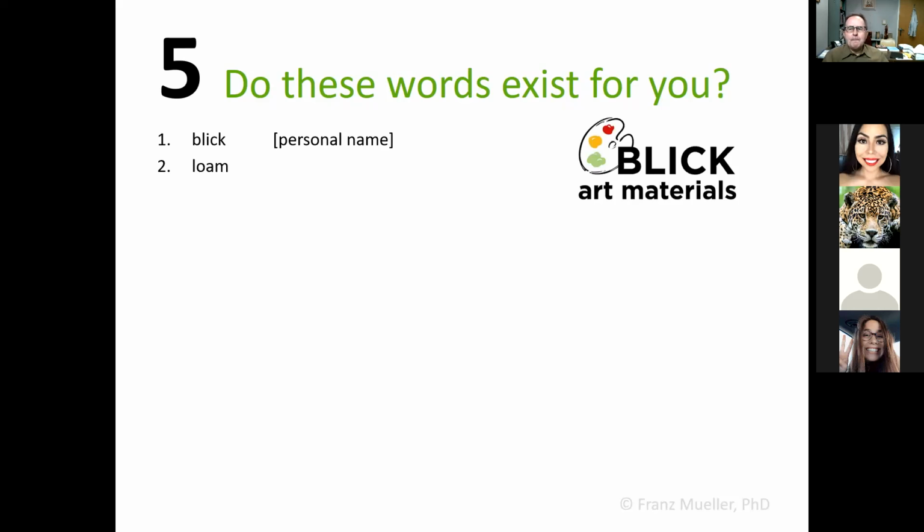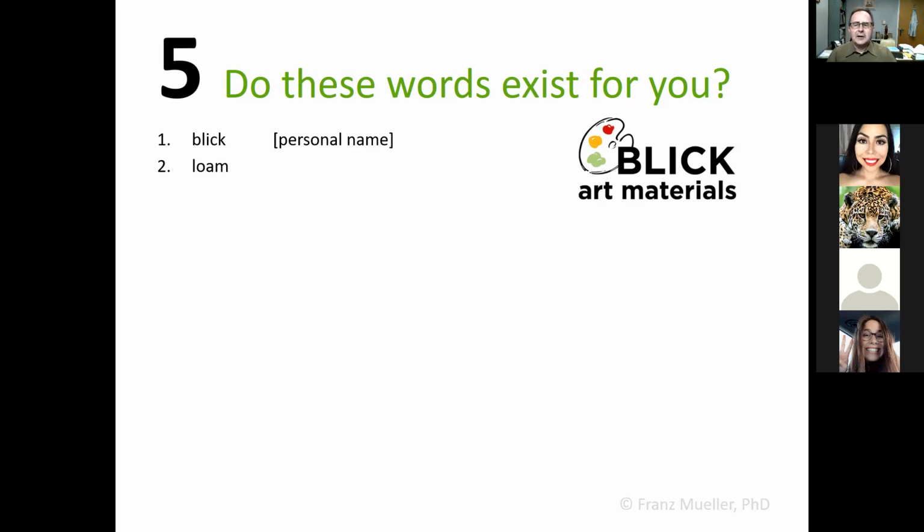Have you heard the word loam? Would you know what loam is? L-O-A-M. Have you ever heard that? And would you know what area of life it actually comes from? Loam. For some of us English speakers, this is actually quite a common word. It's a common word for those of us who know a little bit about gardening. That's a gardening term. It's a kind of soil, sort of like a clayish type of soil.